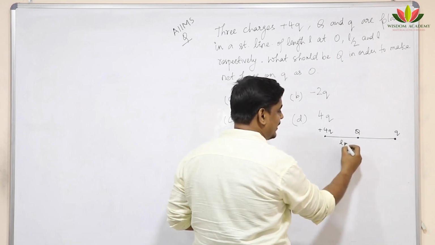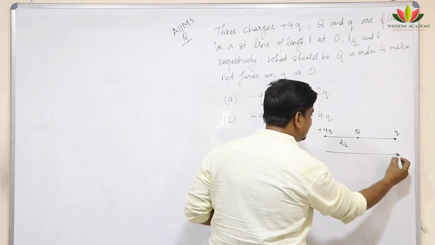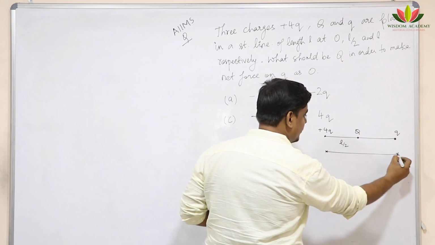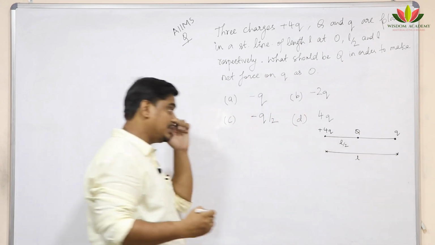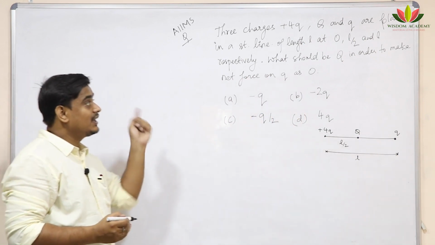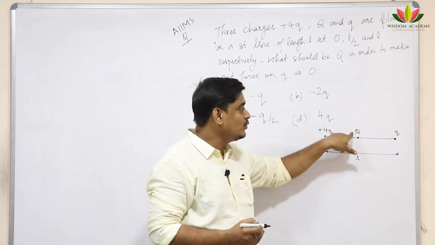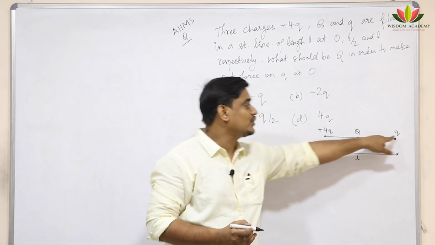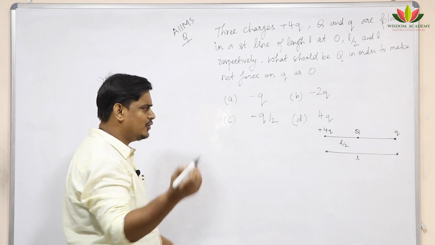This is at a distance of L by 2 and the complete distance is L. That information is given in the question. What they are asking is, what should be the value of Q in order to make the net force on small q as 0? Let us try to find that.